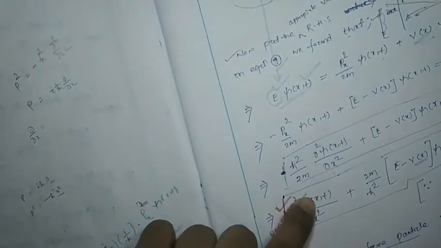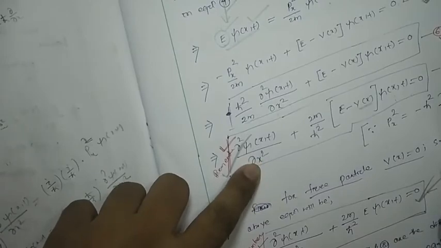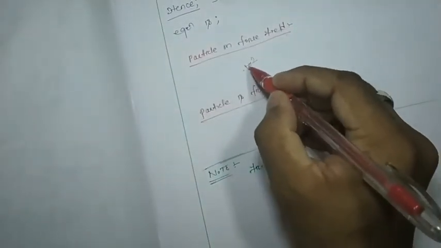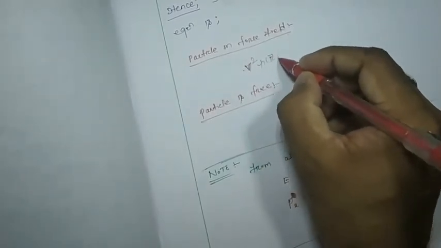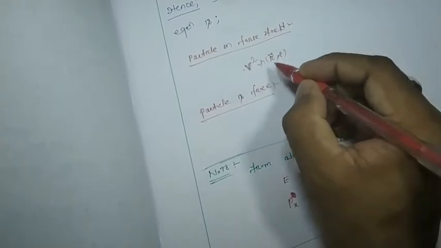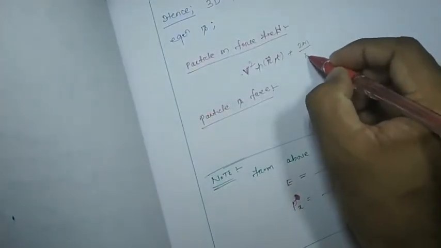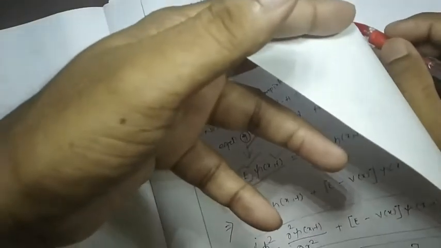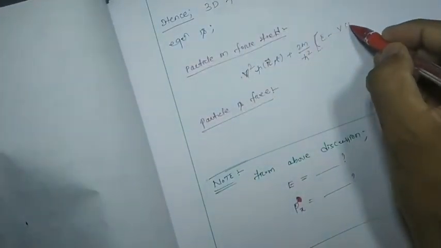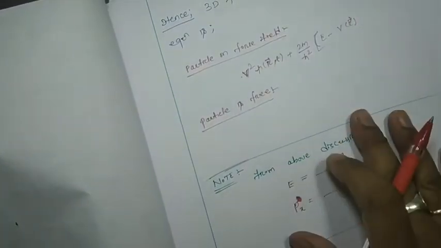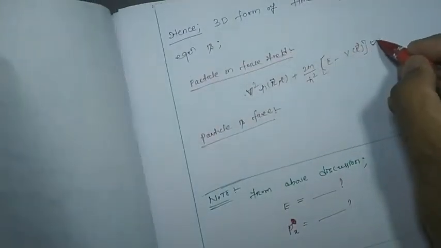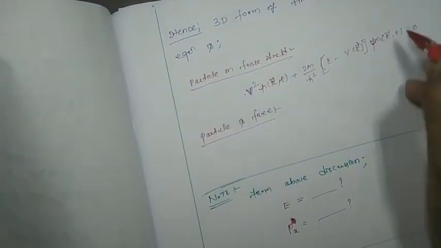Del square psi xt by del x square is there, so instead of this we can write del square psi rt, because xt is along the x axis, so rt will represent the 3D, plus 2m by h cross square into e minus v, where v is a function of r, times psi rt, equal to 0, right?